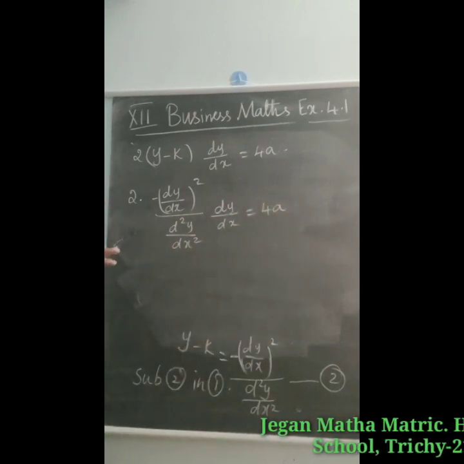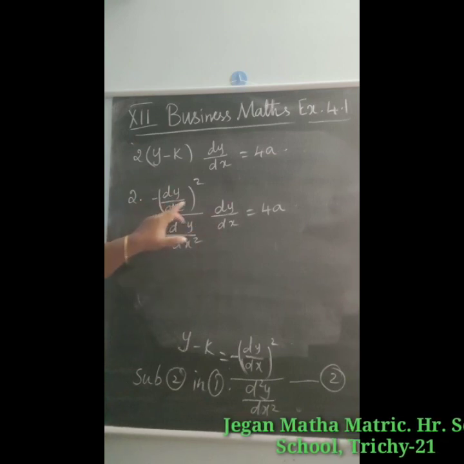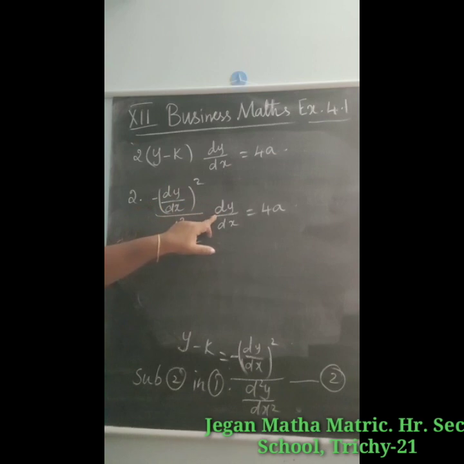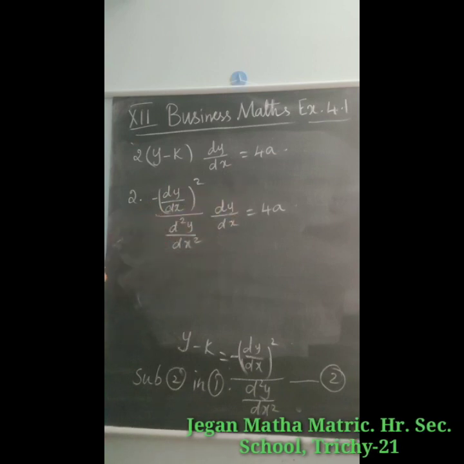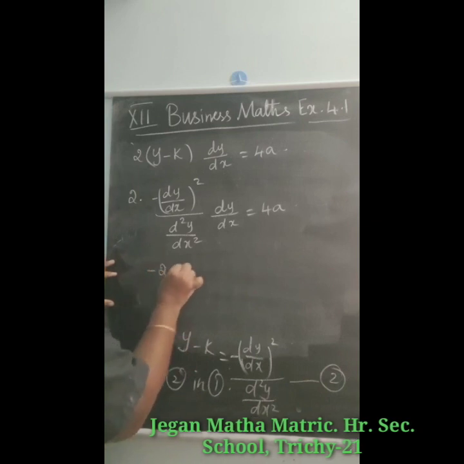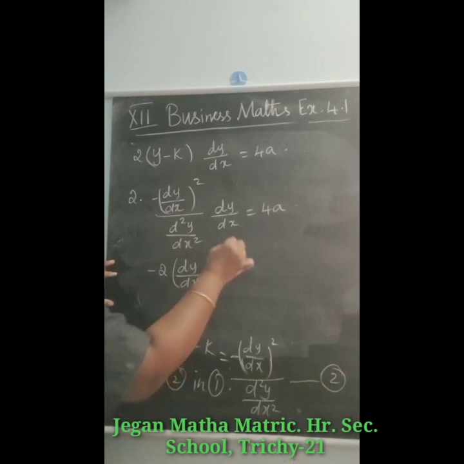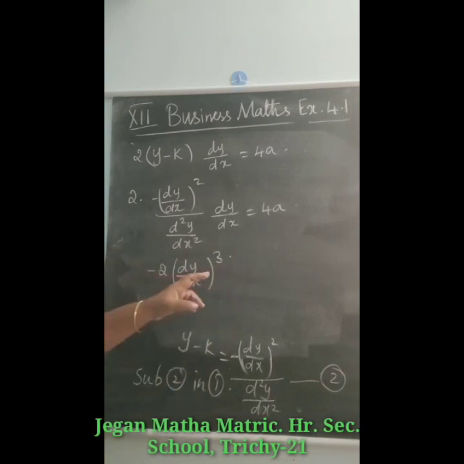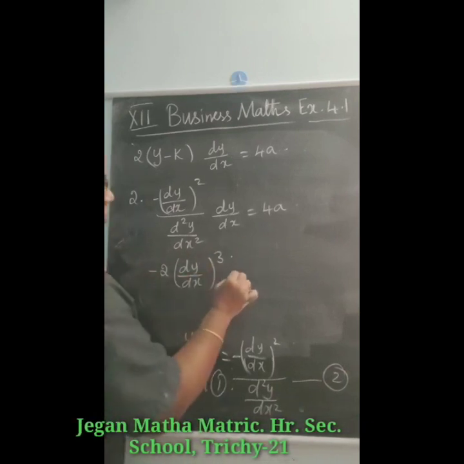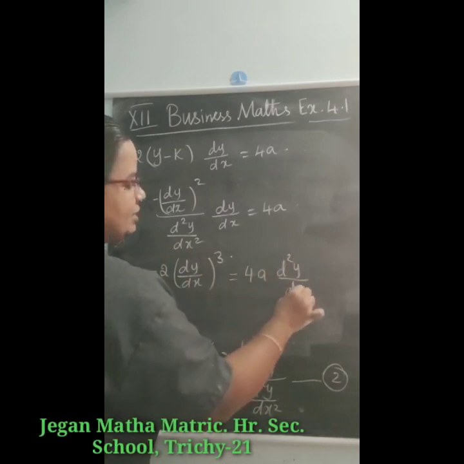Now this is dy by dx, here also dy by dx, so if we multiply these two, the powers should be added. So minus 2 dy by dx the whole cube is equal to 4a into d square y by dx square.